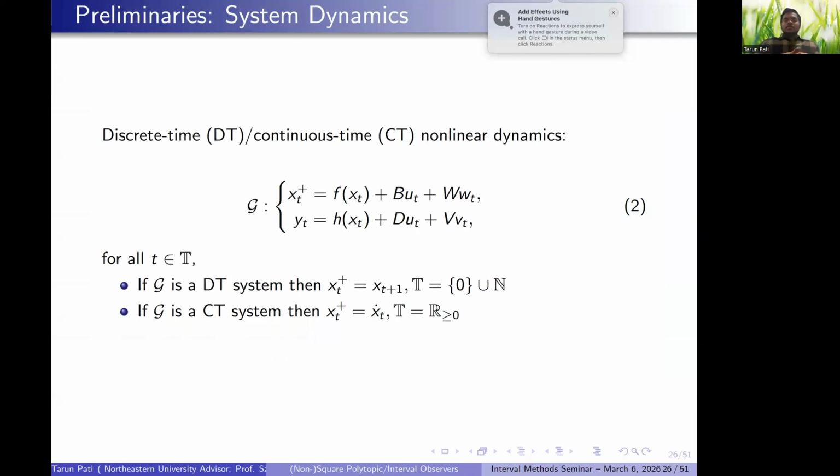So now that we have our preliminaries, I would like to introduce the system that we are focusing on, which is a nonlinear system as given by equation 2, and we are assuming that the noise and errors enter the system affinely, as well as they are bounded with known bounds.